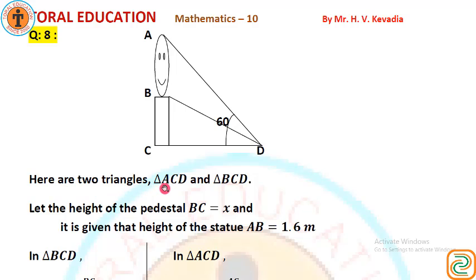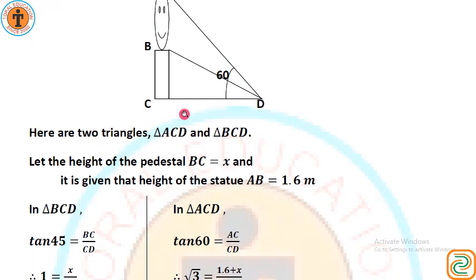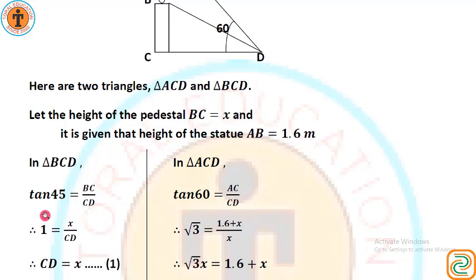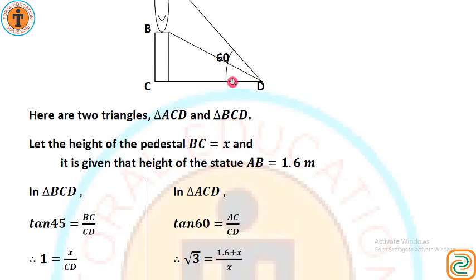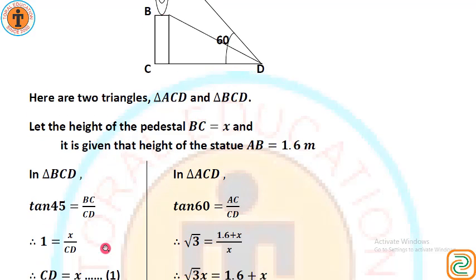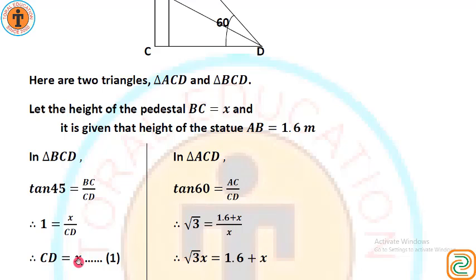Here there are two triangles, ACD and BCD. Let the height of the pedestal BC be x, and it is given that the height of the statue AB is 1.6. In triangle BCD, tan 45 equals BC upon CD, so CD equals x.